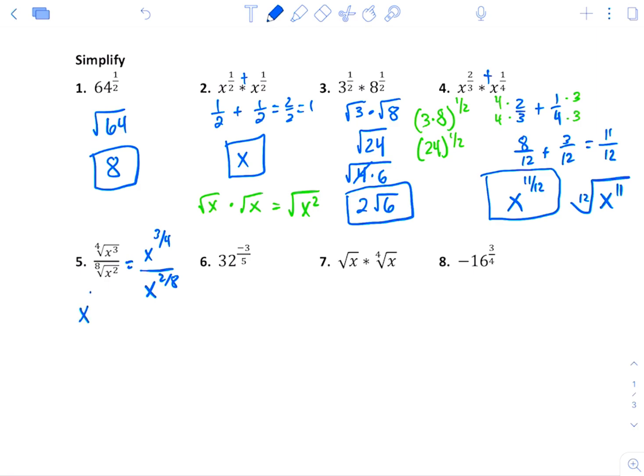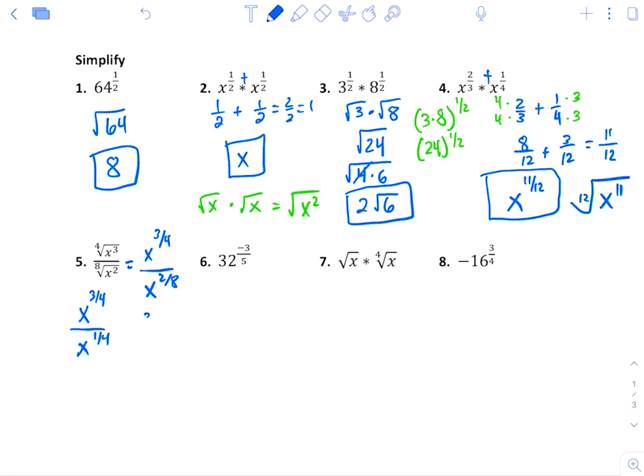So this will become x to the 3/4 over x to the 1/4. Now as I look here, we have the same base. So since we're dividing, that means that we are subtracting. Now when we are dealing with these fractional exponents, it's always better to take the top one minus the bottom one, and then we can write it as x to whatever we get, and then if we have a negative, we'll deal with that later.